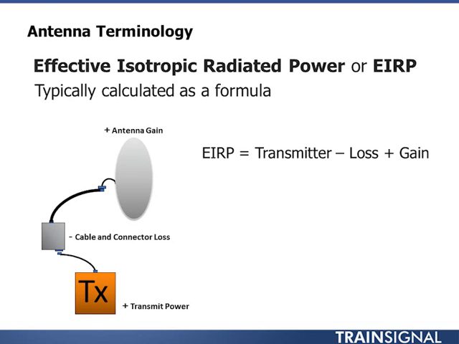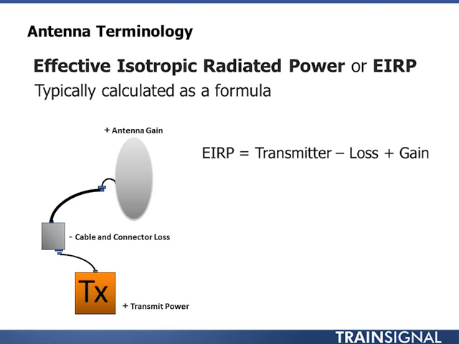So another term that you need to be really familiar with is the effective isotropic radiated power, what we refer to as EIRP. When you look at regulators around the world, they will regulate the spectrum, and those regulations vary depending on what frequency, what spectrum you're using. And what they typically regulate is the transmit power level from the transmitter, and they also regulate the radiated power from your antenna.